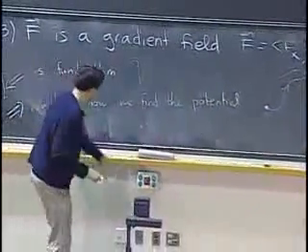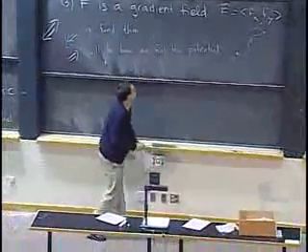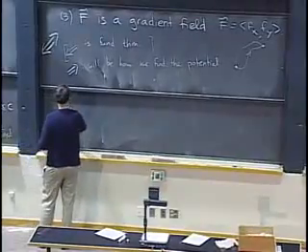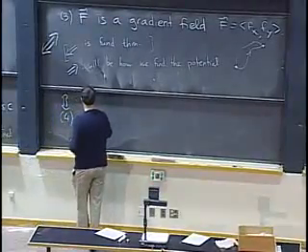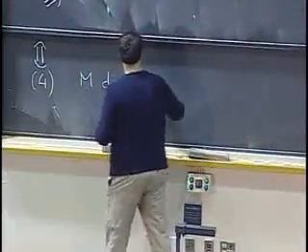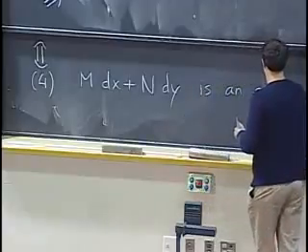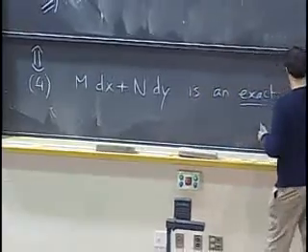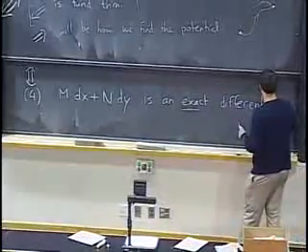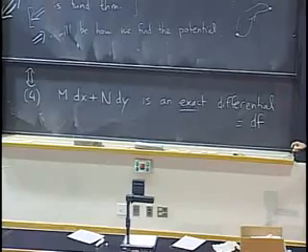And let me just state a fourth property that's the same. All that stuff is the same as also 4. If I look at M dx plus N dy, it is what's called an exact differential. An exact differential means it can be put in the form df for some function f.